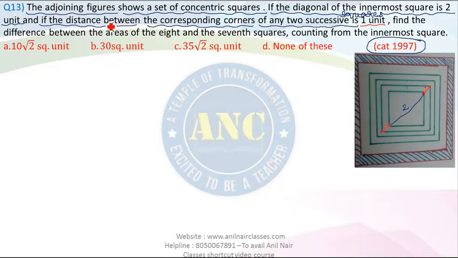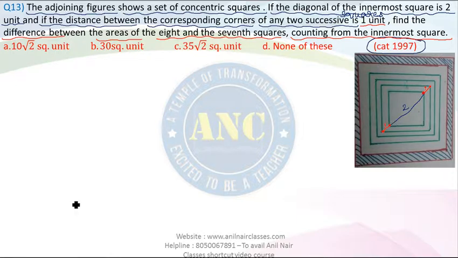Your question is, find the difference between the areas of the 8th and 7th squares counting from the innermost square. That means counting from the innermost square, I need to find the difference between the areas of the 8th square and 7th square. Now think a little logically, sir, you will get the answer very easily.